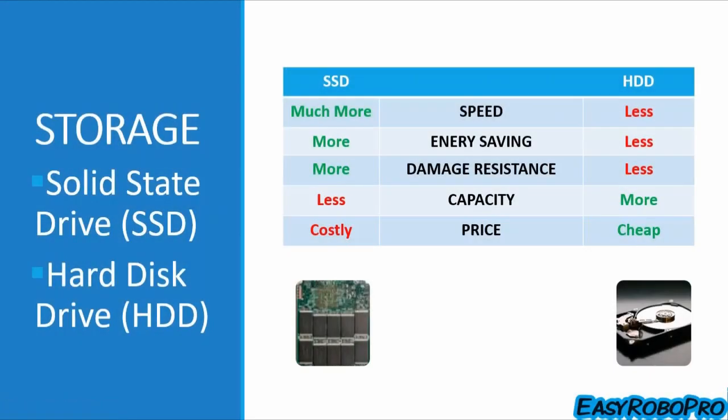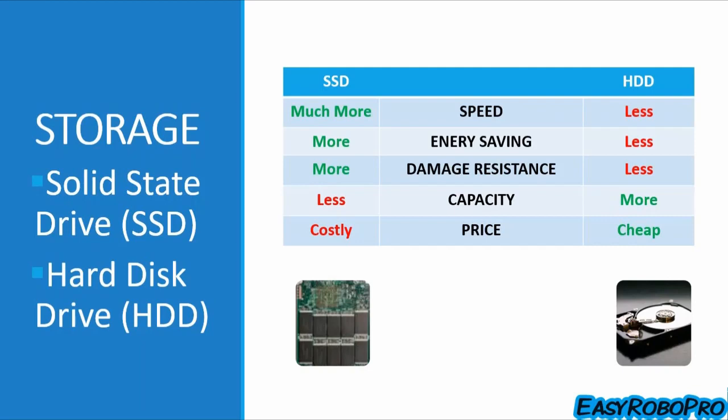The fourth component is storage. In storage, we have SSD and HDD. SSD stands for Solid State Drive, which is a newer and a faster type of device which stores data on instantly accessible memory chips. Whereas HDD stands for Hard Disk Drive, which uses mechanical platters and movable read-write heads to access the data.